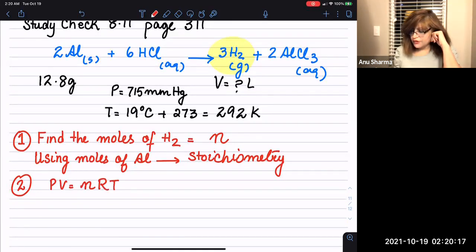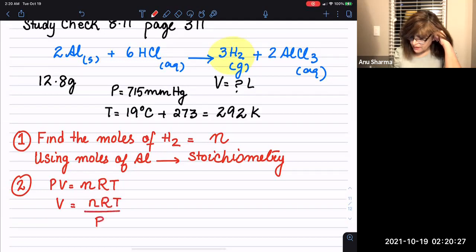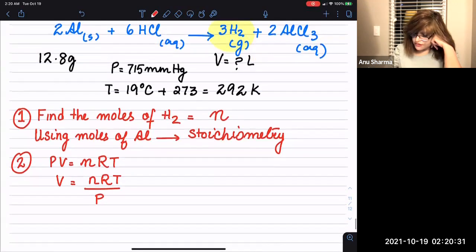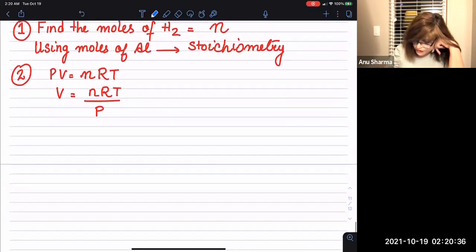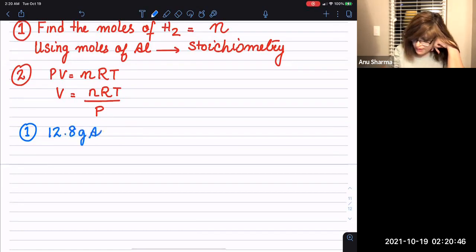All right, so we need to find the volume, right? Volume is equal to nRT over P. Okay, so just plug in the numbers. So here you are given 12.8 grams of aluminum. So first, find the moles of aluminum, 12.8 grams of aluminum to moles of aluminum.